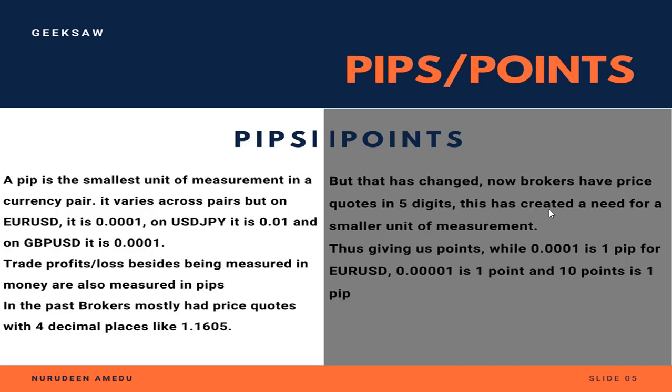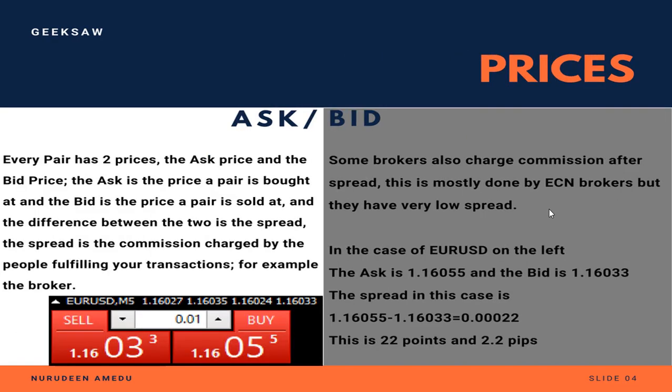Now, points, on the other hand, is the smallest value on any pair. For Euro USD pricing, you can see you have 1.16055. The smallest movement that can happen on this ask price is from 1.16055 to 1.16056.